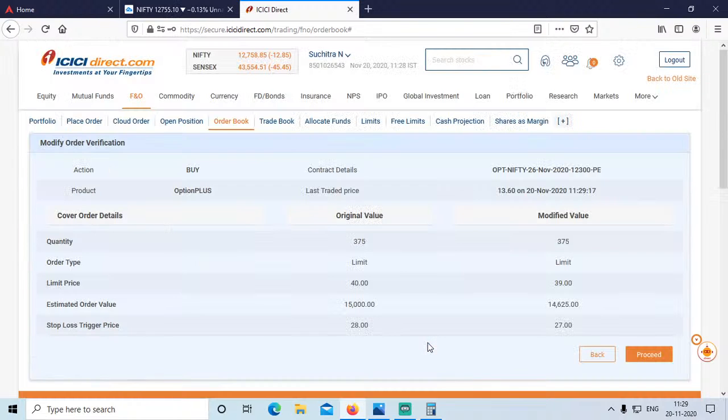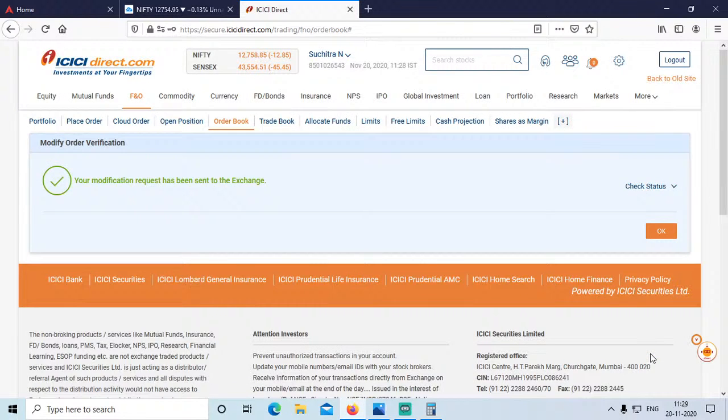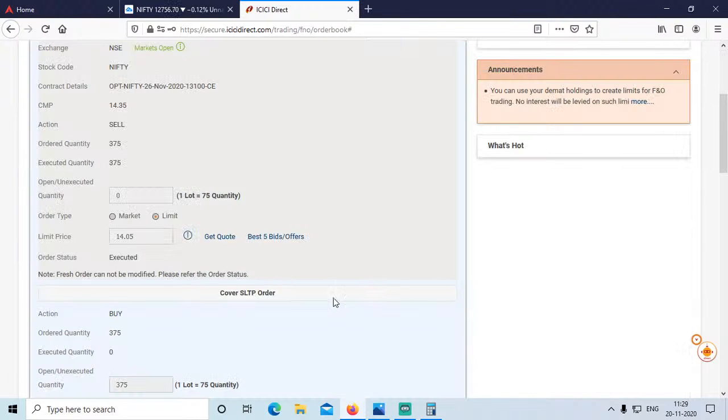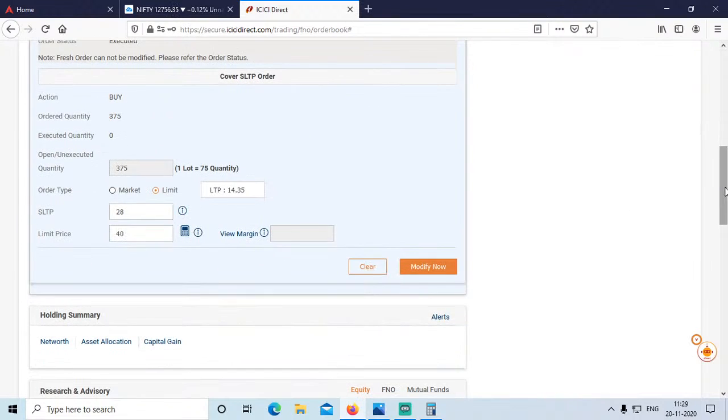I will change to modify now. Proceed, and there is one more order. This modify, change to 27.